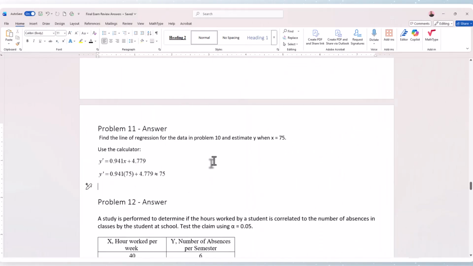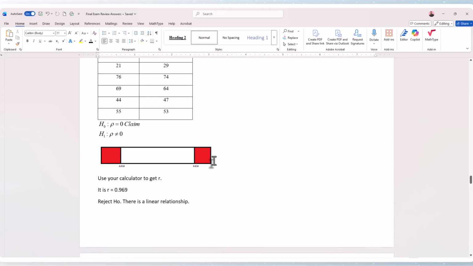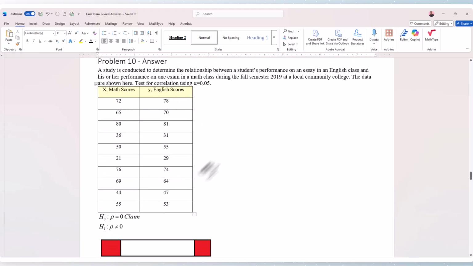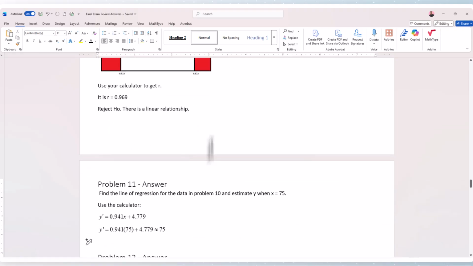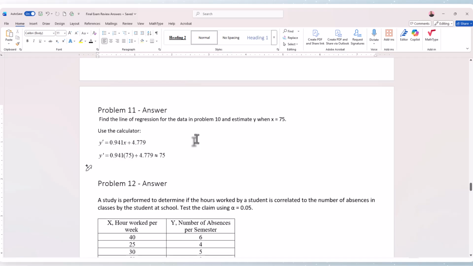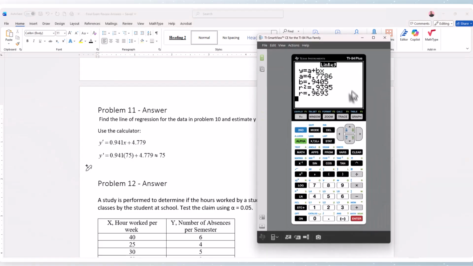Okay, so problem 11 is asking us to find the line of regression for our data. Since there is a linear relationship, the line of regression can be found by using the regression coefficients that were calculated when we computed R. So if we go back, we can see that A, that is the intercept, rounds to 4.779.